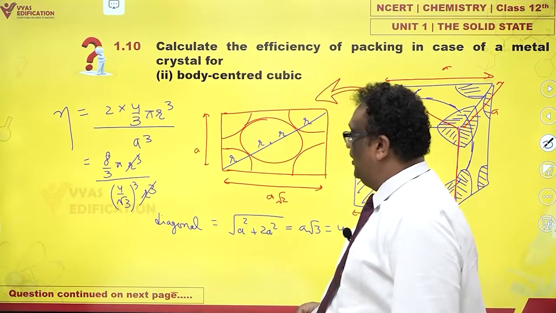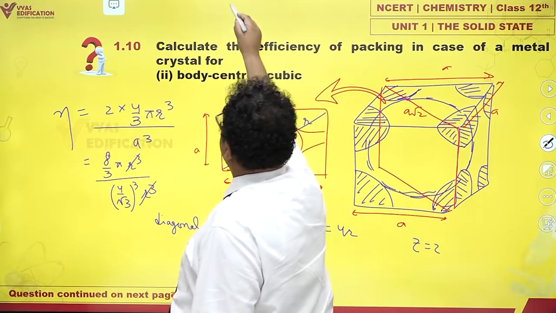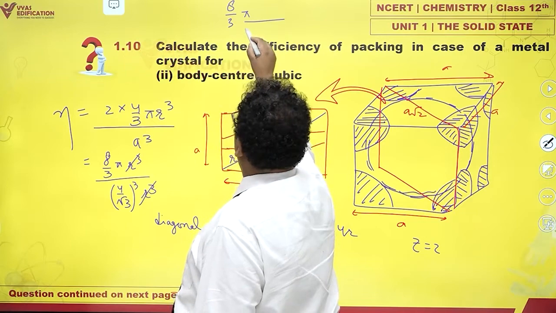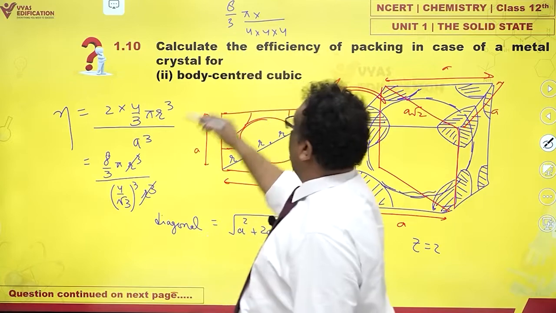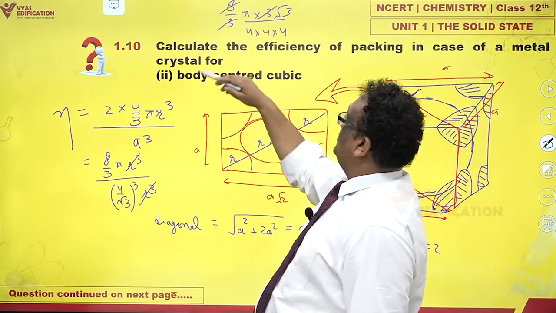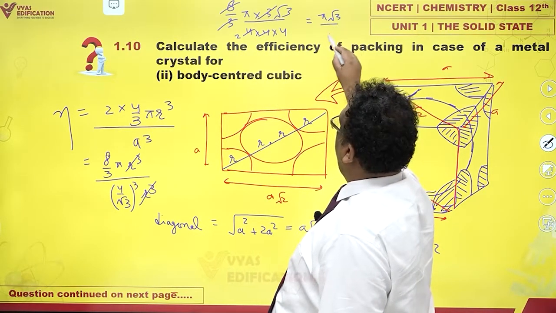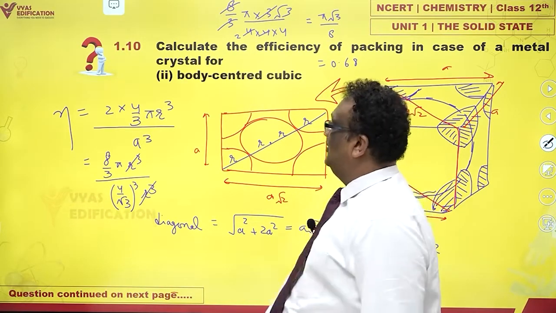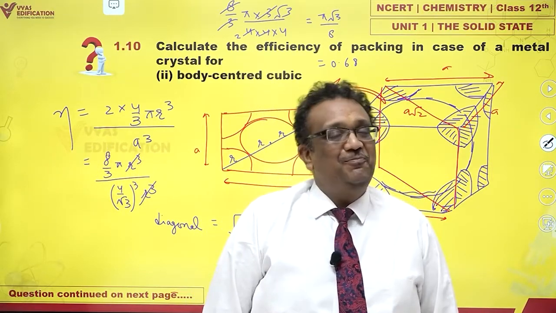Such an ugly thing. If you just solve this, you have 8 by 3 pi divided by 4 cube, and cube of root 3 is 3 root 3. 3 cancels off, 8 2s are. So this is pi root 3 by 8. If you solve this, this comes out to be 0.68. So BCC has approximately 68% packing efficiency.